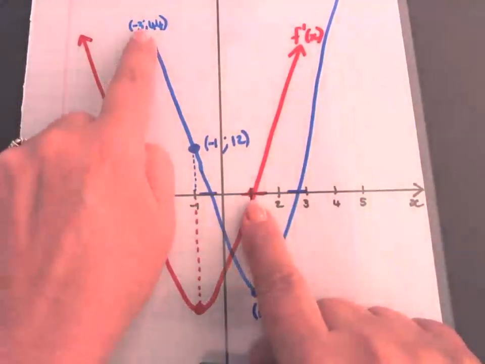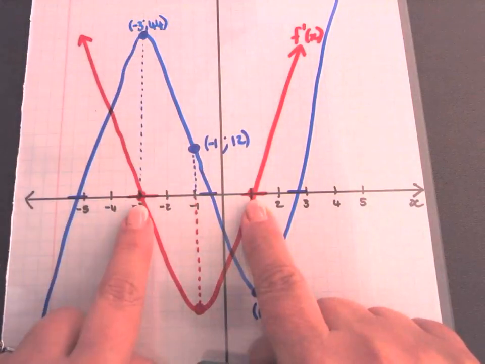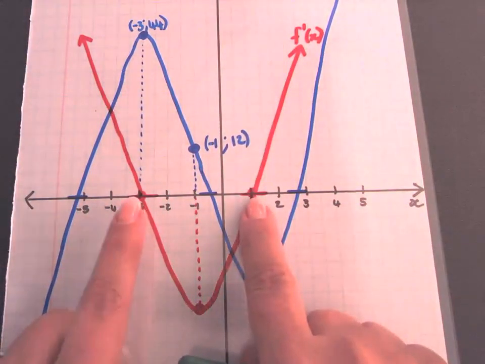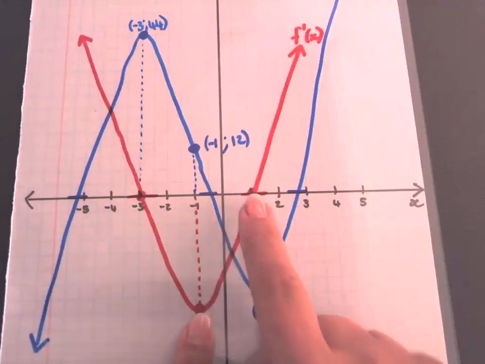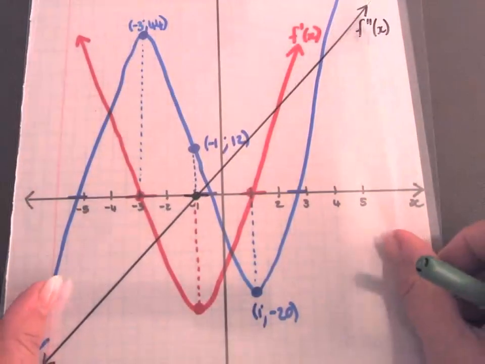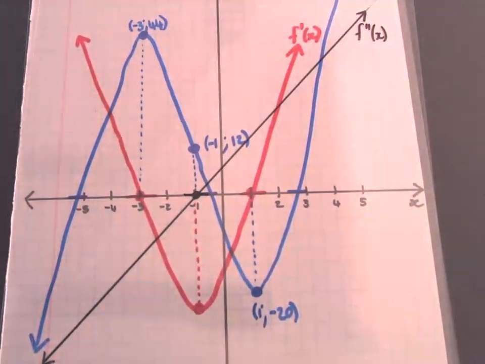So the x of the turning point is the same as the x of the intercept. Now we also have a turning point here. So this x will be the same as the straight line's x-intercept. And this picture you have in your notes.